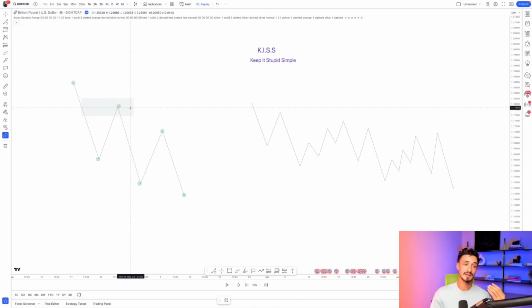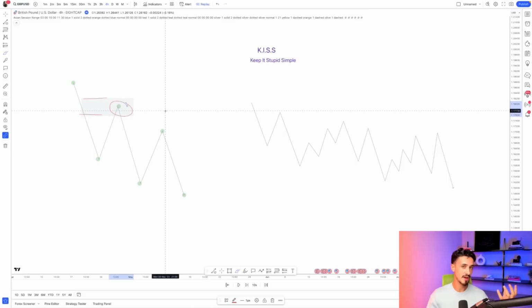So maybe this is the price that they wanted to sell those 50 apples at. And when price gets there, only 25 apples were sold. So there's still a 25 apple order sitting in that area, waiting for price to come back in to collect those orders.